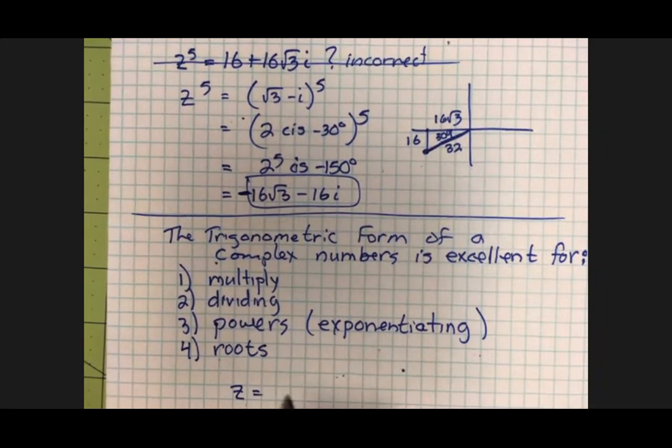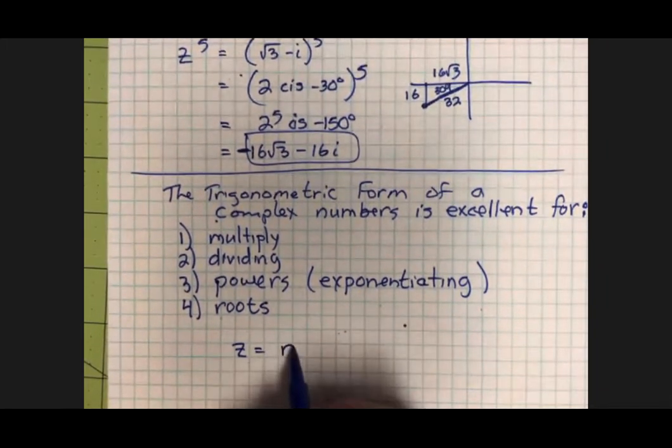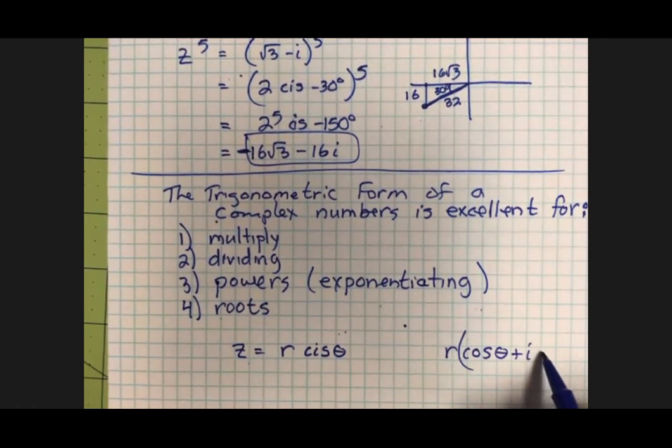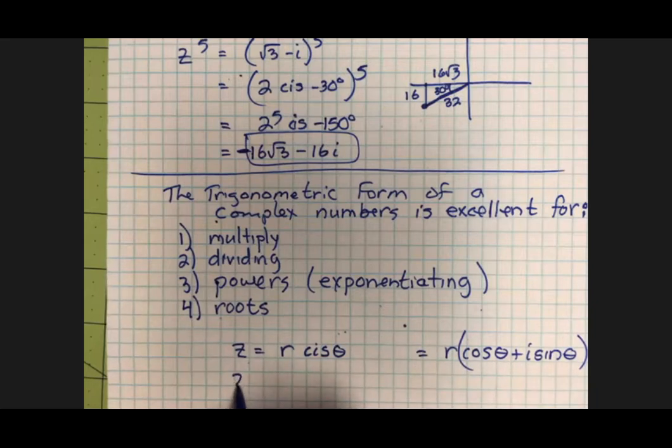So if you have a complex number, r cis theta, and remember, I'm using that as an abbreviation for r times both those pieces, cosine theta plus i sine theta, then if I want to raise it to a power, I just raise the radius to that power and multiply the angle by that power.